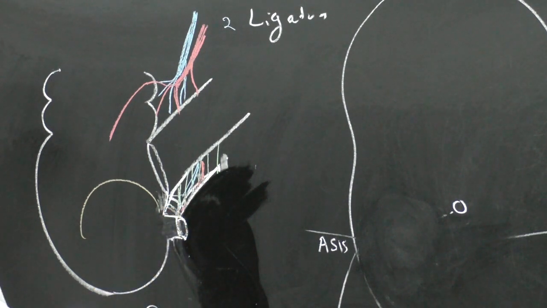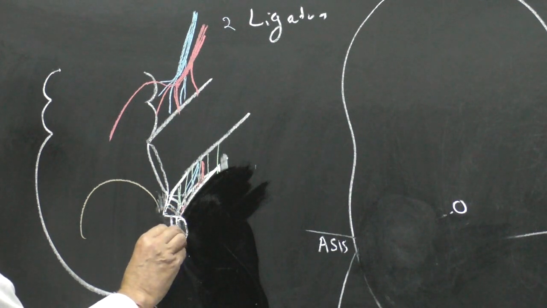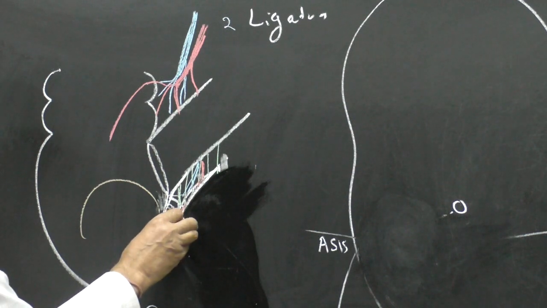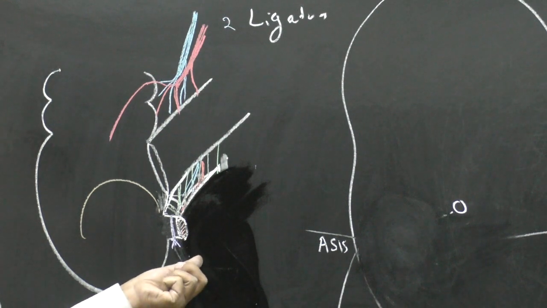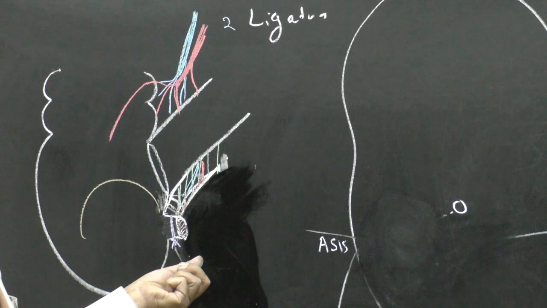No doubt, a ligature and knot are already there, but this raw surface at the base of the appendix may invite adhesion of any loop of jejunum and ileum. That may lead to strangulation, intestinal obstruction, intussusception, or volvulus of the gut.